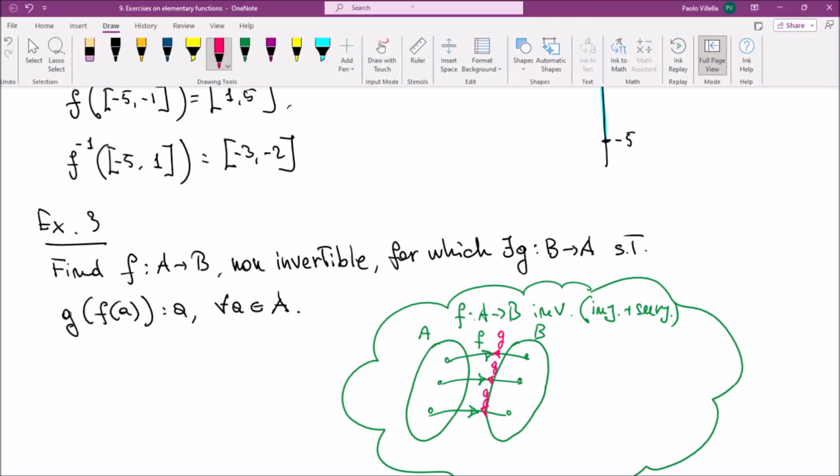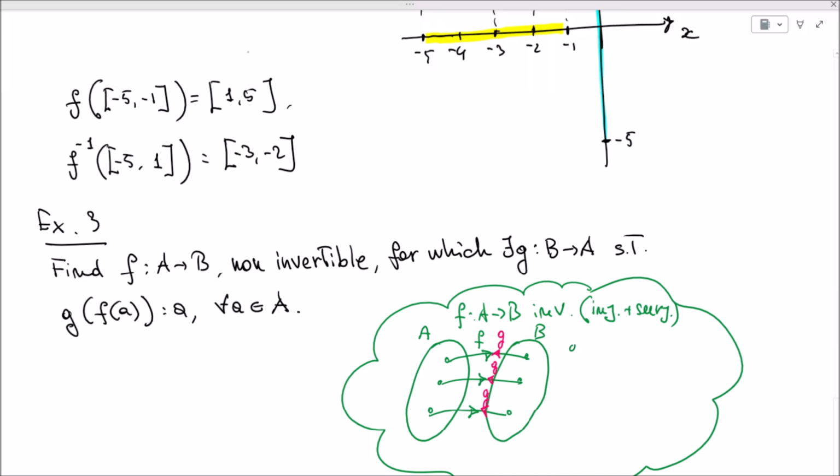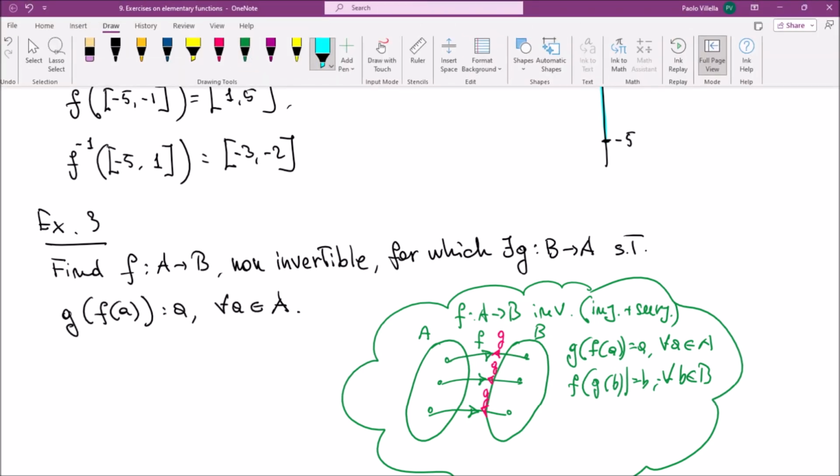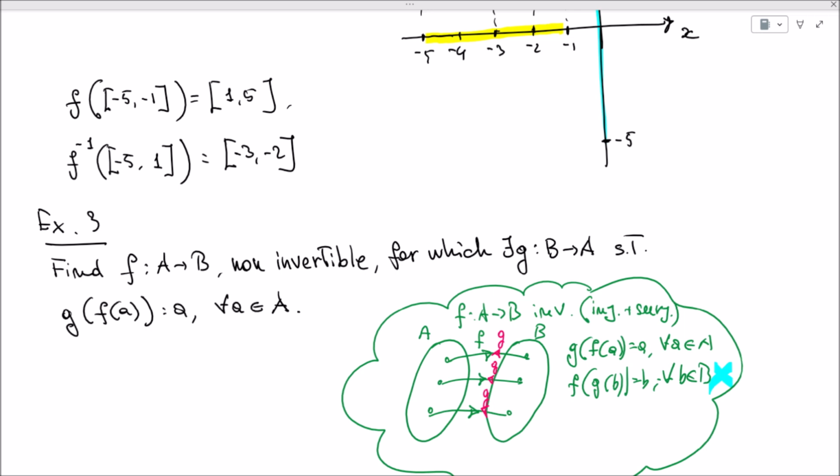Now, for such a function, we know that two conditions hold. g of f of a is equal to a for every a in capital A, and f of g of b would be equal to b for every b in B. Now, we are neglecting this second condition in our situation.